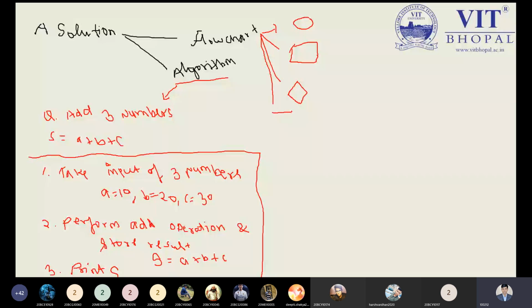We will see them one by one. For solving our problem we can use these. Whenever we need to process, we have a rectangle box.